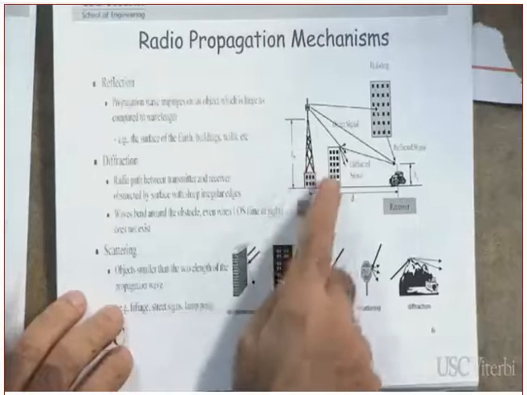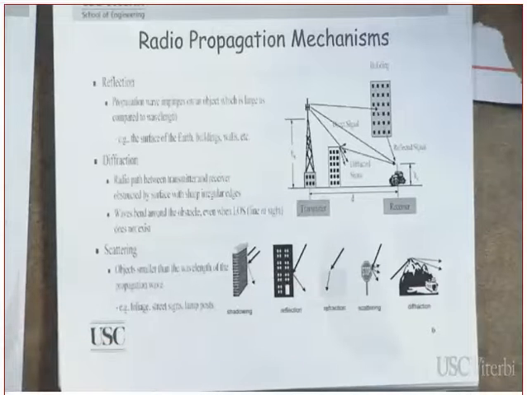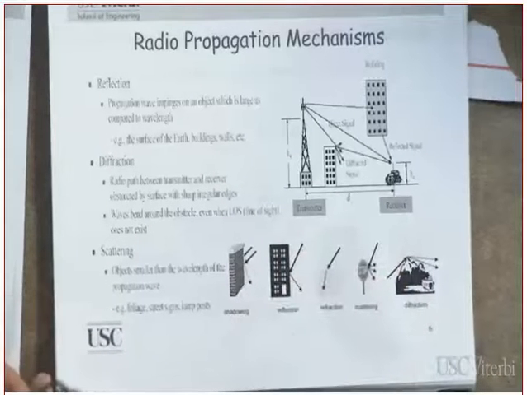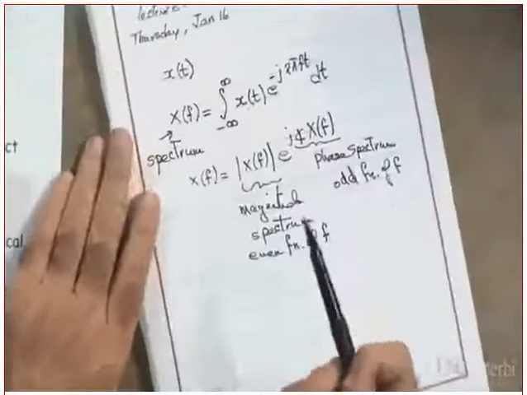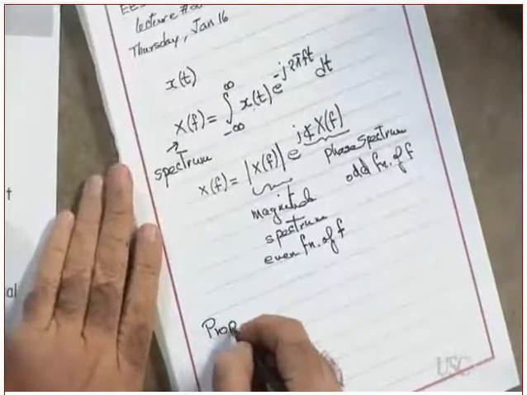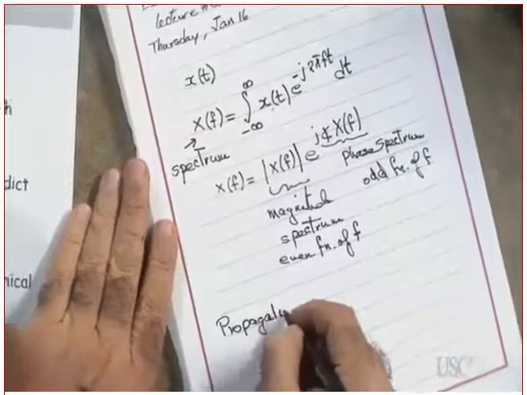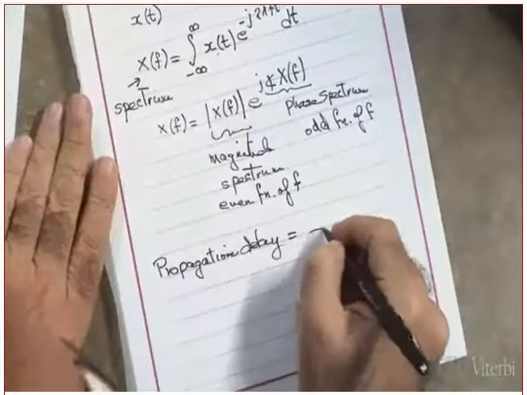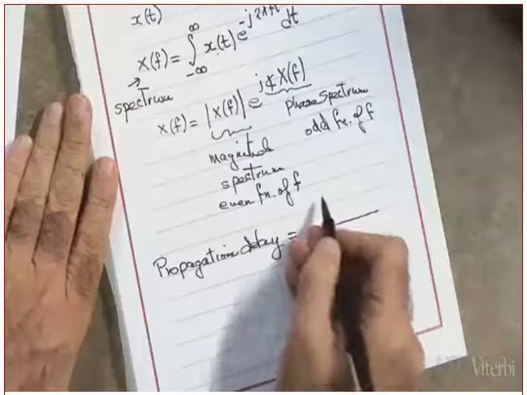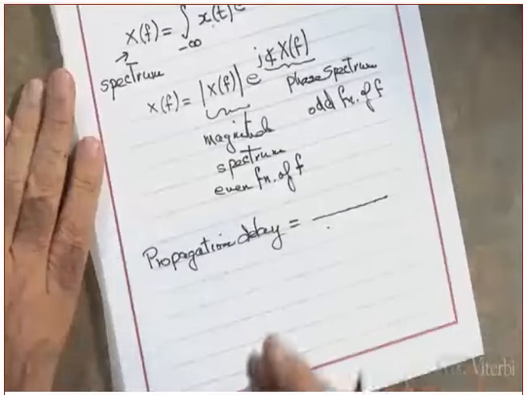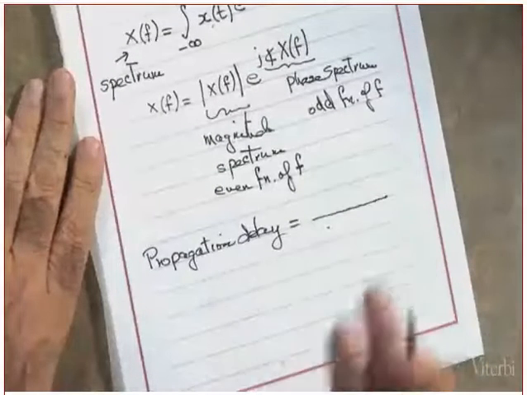Different delays. Why? Because do you remember how you measure the propagation delay? Those of you who took networking should know what the propagation delay is. Where is the speed of light, in the numerator or in the denominator? You give me the numerator first.